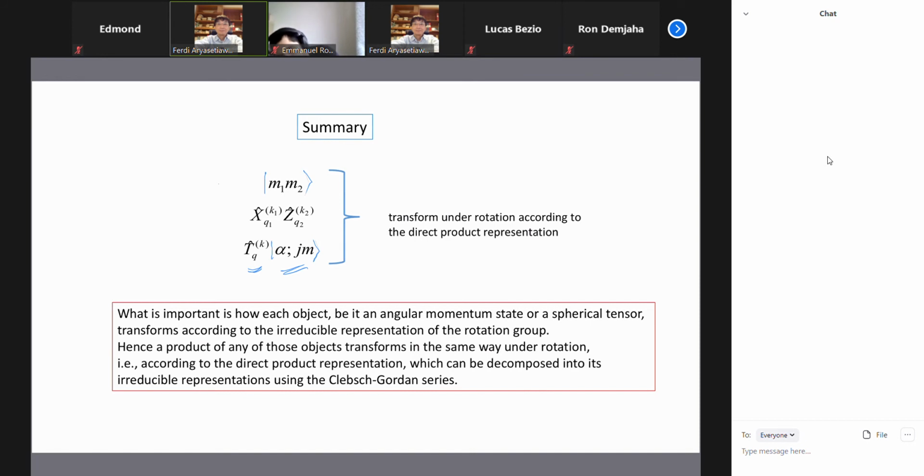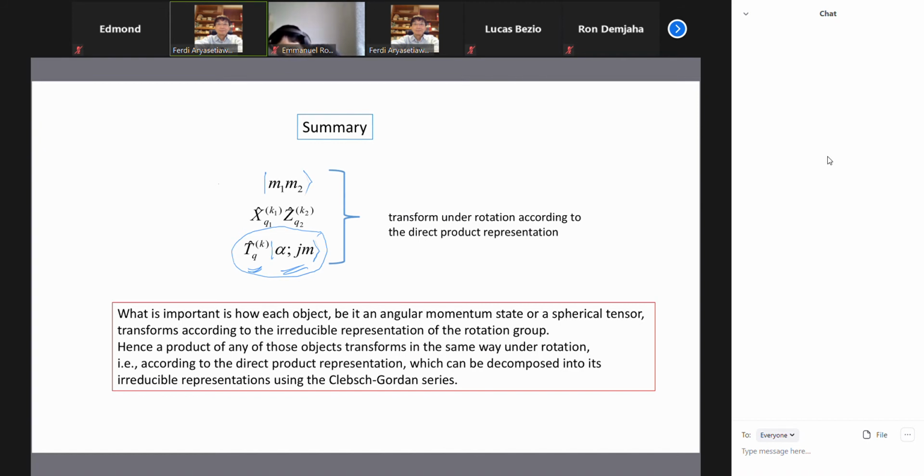So in this way, we can understand the Wigner-Eckart theorem by recognizing that this state here can be decomposed into the different total angular momentum states.